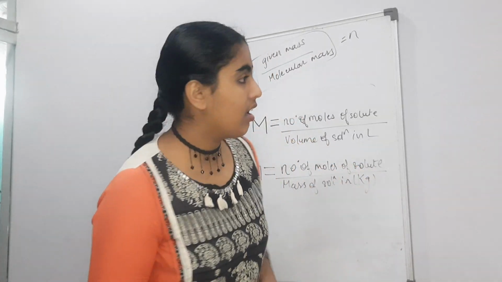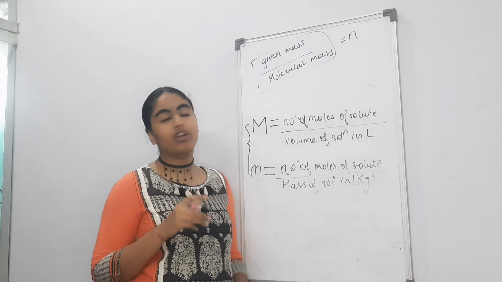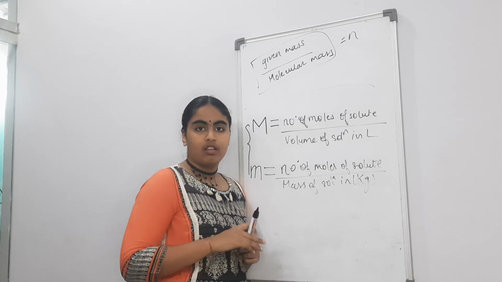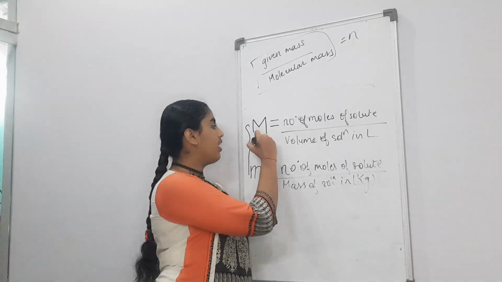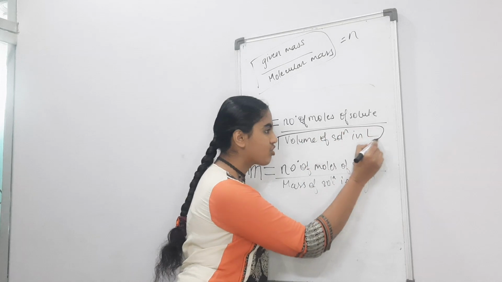So volume is also temperature dependent. And if volume is temperature dependent, then which of these two would be dependent on temperature? Molarity would definitely be dependent because it depends on the volume of solution in liters.